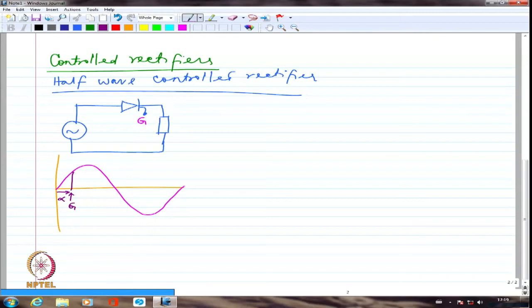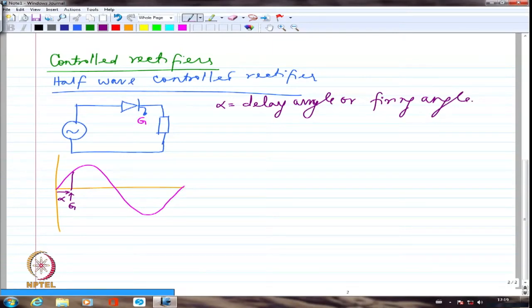The delay angle is the angle at which I am giving the gate pulse, which is delayed from 0 degrees. So the conduction is delayed by so many degrees, whatever delay angle I am designing for. So this alpha is known as the delay angle or firing angle.